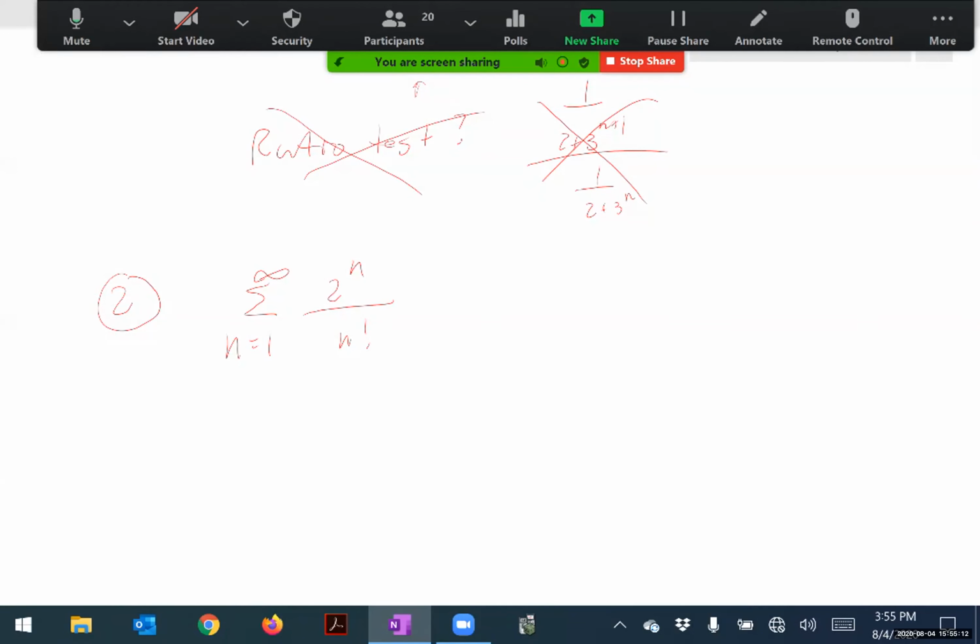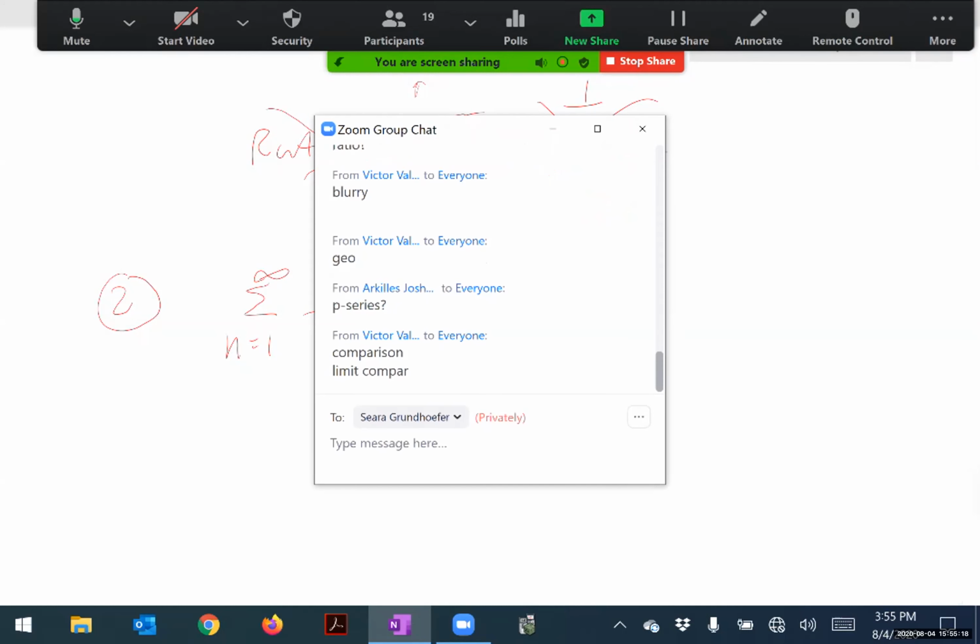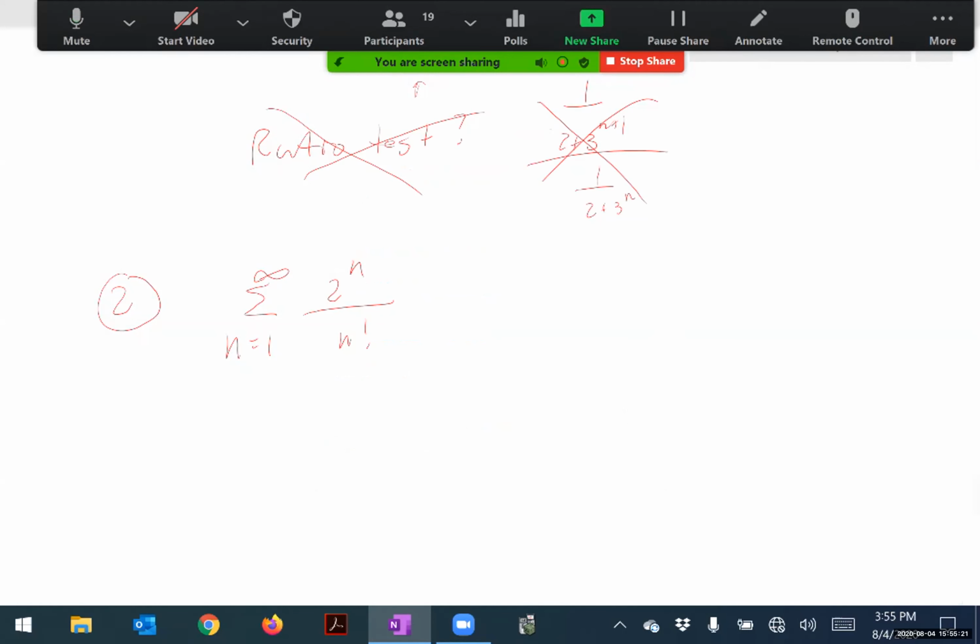I'll give you a hint. Whenever you see a factorial, it's ratio test. It's ratio test all the way. Whenever you see a factorial, automatically think ratio test. So why don't you try the ratio test on this?